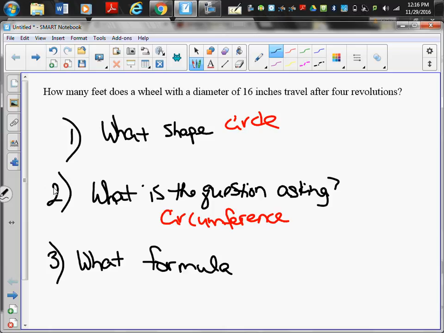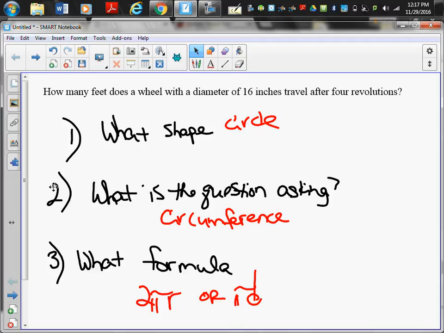Okay, 2 times pi times radius equals pi times diameter.